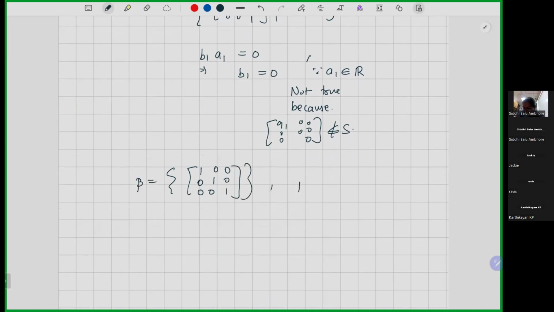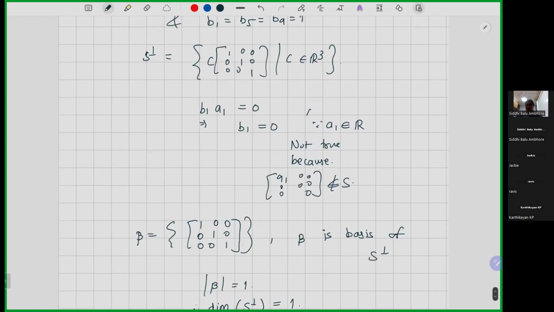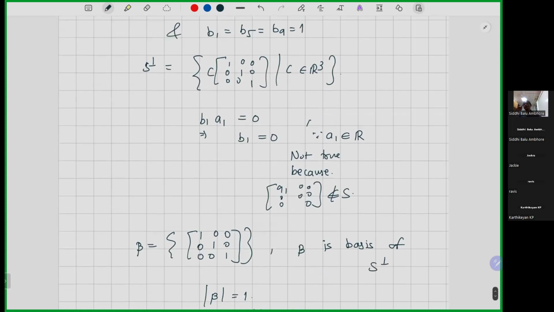Beta is the basis of S perp. And the cardinality of beta is 1. Therefore, the dimension of S perp is 1. Is it okay? I mean, it is in M3 cross 3, but it has dimension 1.